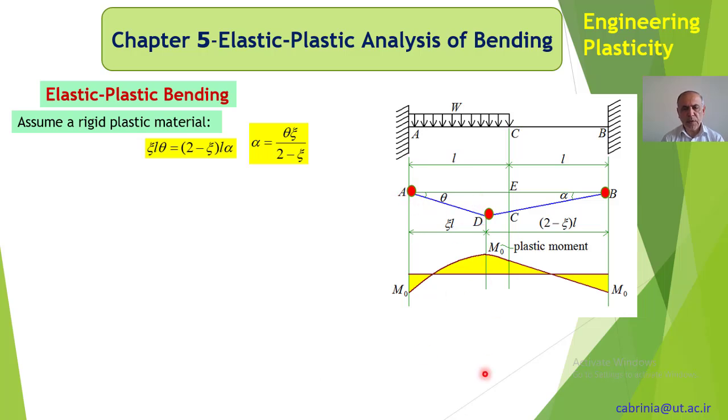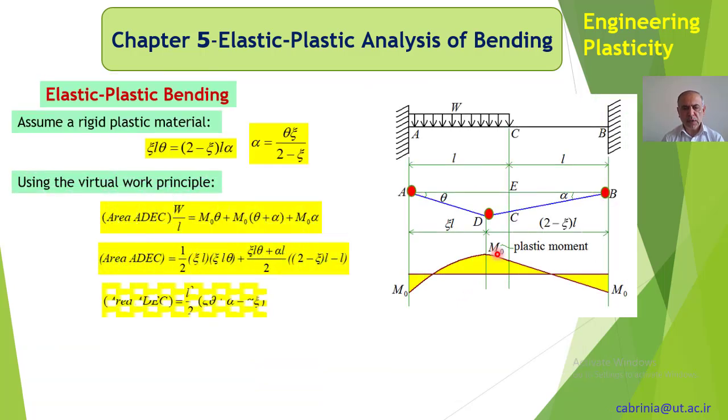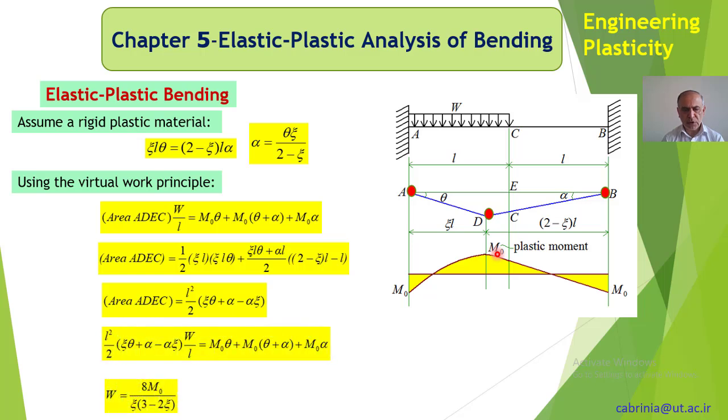Also in the previous one as well, this is the collapse load. That's why I said that we can use the plastic capacity if we use a value less than MP. If we use a value for moment less than MP, then it doesn't yield, it doesn't fail or collapse. So that W is the collapse load, because it causes our structure to collapse.